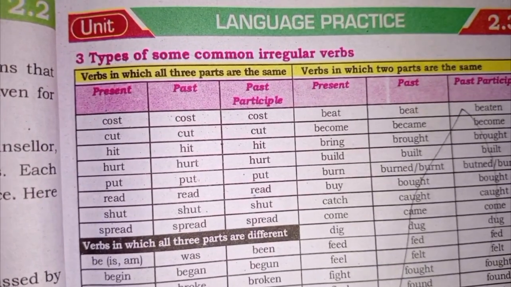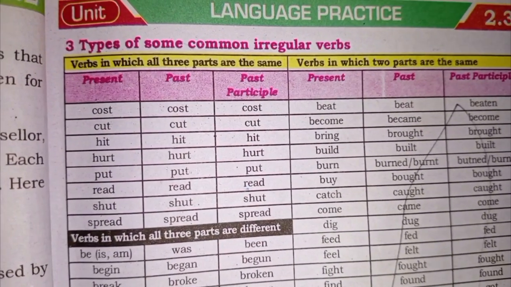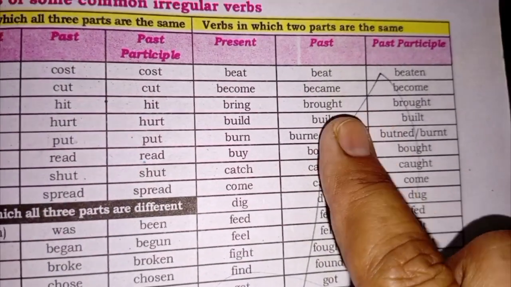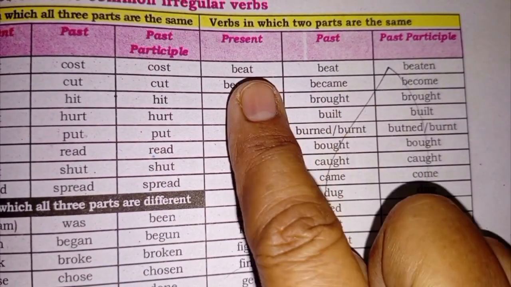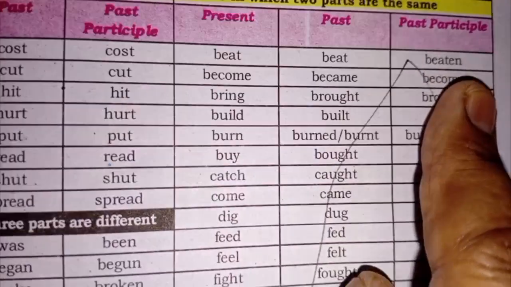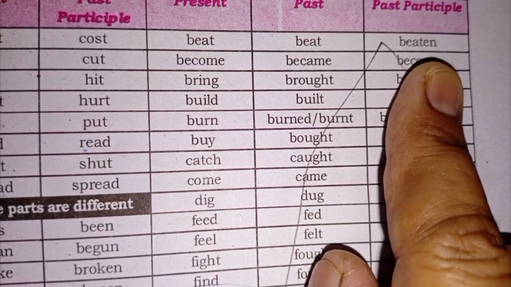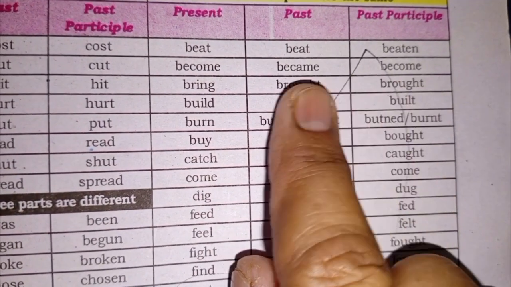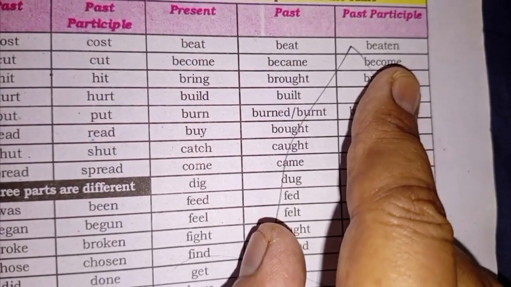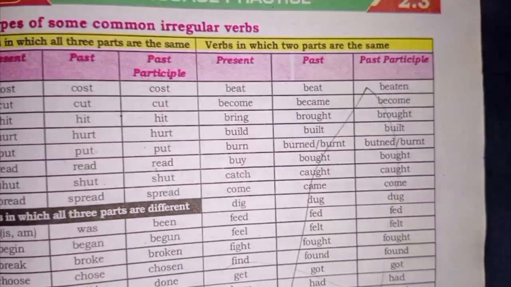Irregular verbs are sometimes made by interchanging of the vowels, like become, became, become here. Here the vowels a and o have been interchanged.